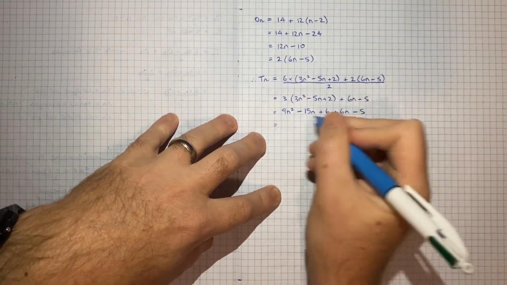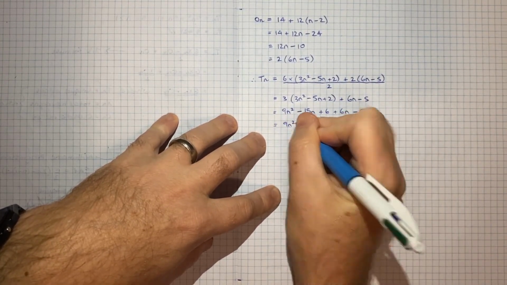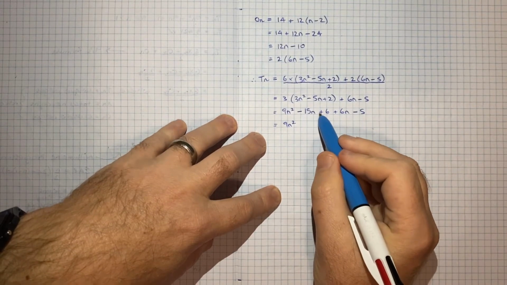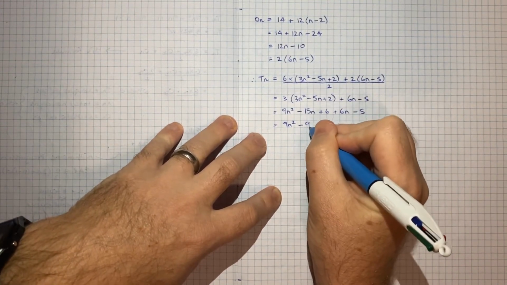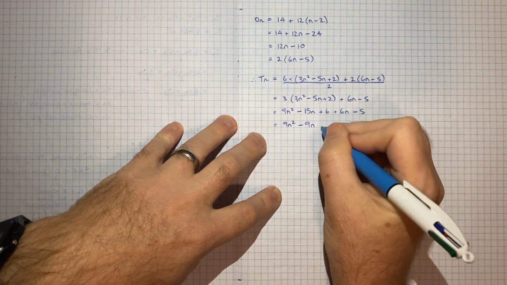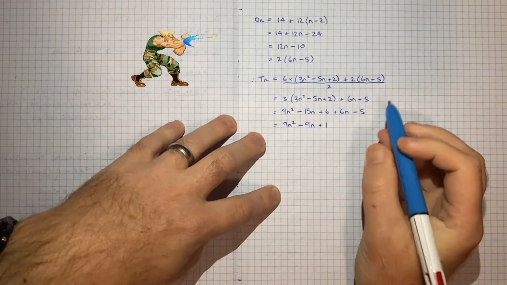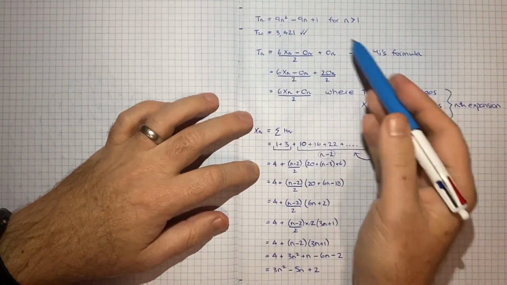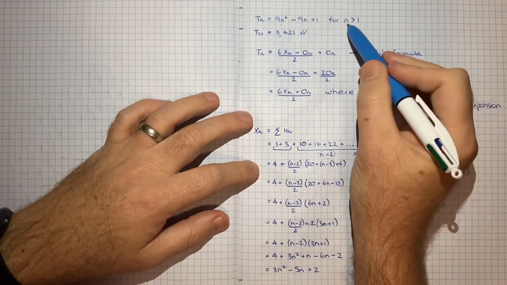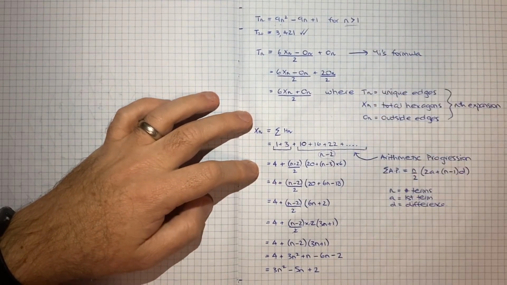The 9n squared stays. Minus 15n plus 6n becomes minus 9n. And then 6 minus 5 is plus 1. And that is the result that I started with, and it's specifically for n greater than 1.